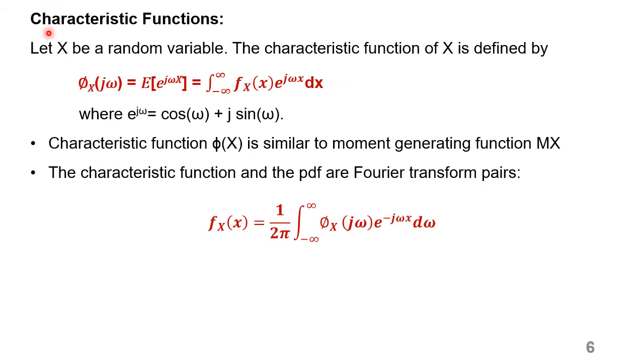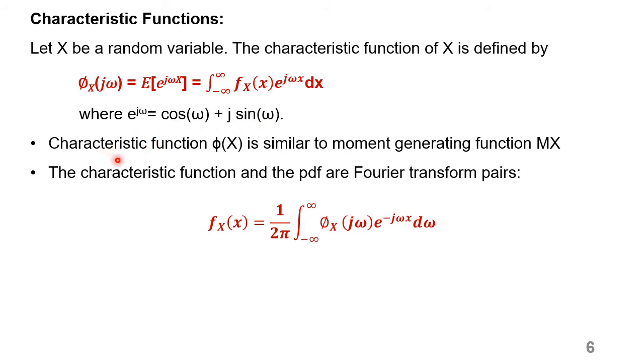Let us define the characteristic functions of random variables. Let x be a random variable, then the characteristic function of x is defined as phi x of j omega is equal to expectation of e to the power j omega x. That is, the integral of fx of x e to the power j omega x dx, where we know that e to the power j omega is defined as cos omega plus j sin omega.